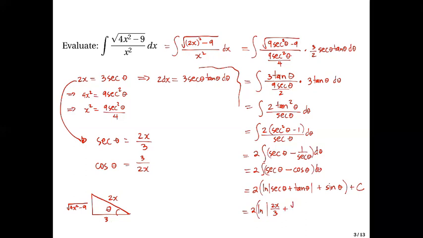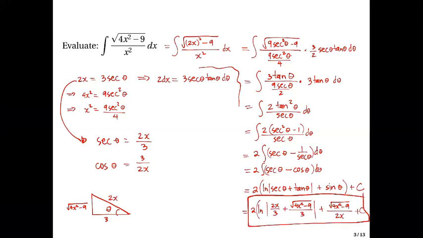So this is the square root of 4x squared minus 9 over 3. And then plus sine theta, which is the opposite, so we have the square root of 4x squared minus 9 over the hypotenuse, which is 2x. And then you have the plus c. So this is your final answer.